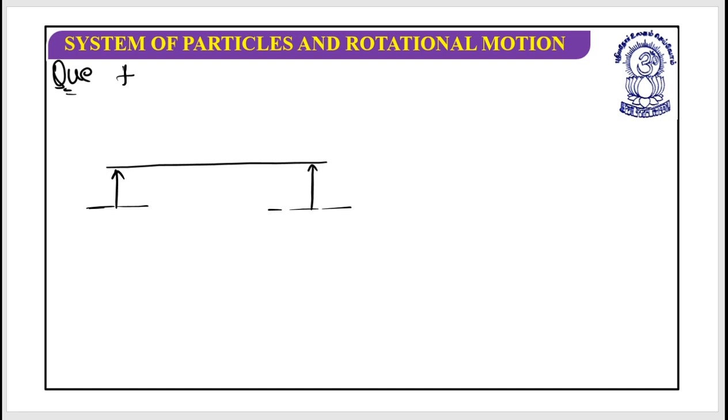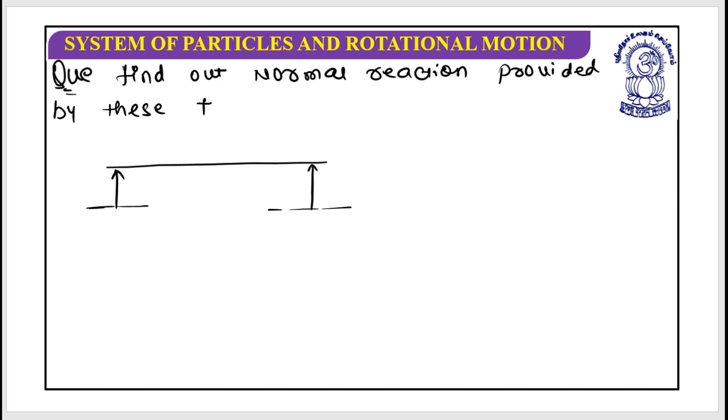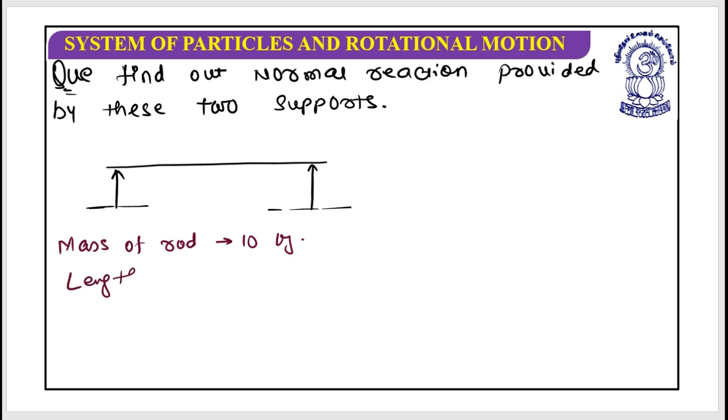They want us to find the normal reaction provided by these two supports. The mass of the rod is 10 kg. The length of the rod is 10 meters.